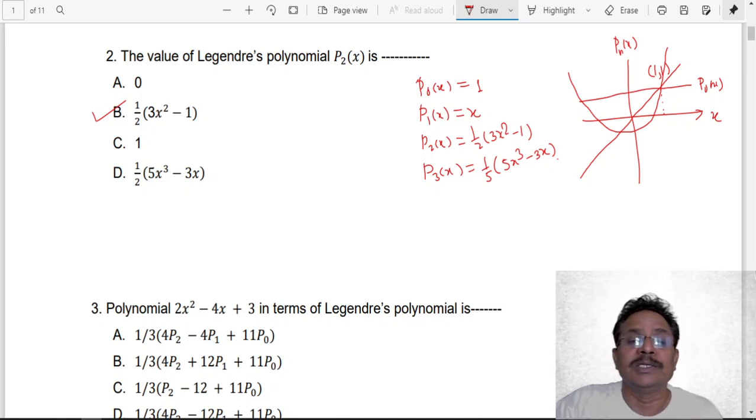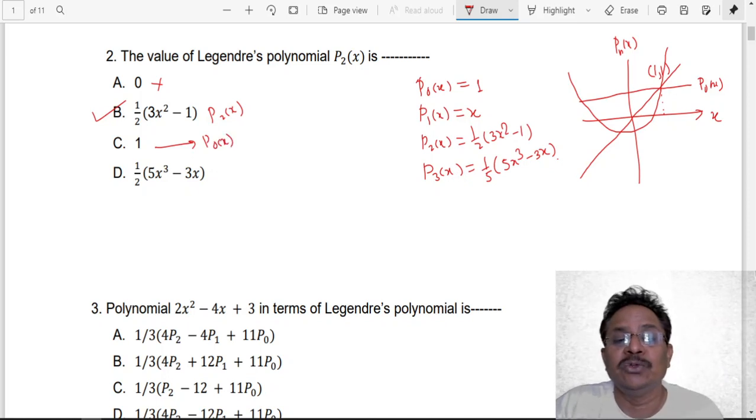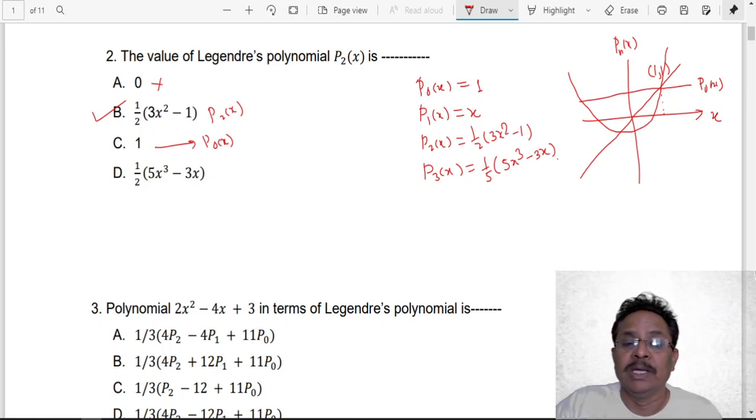So here, naturally this is not a polynomial at all. This is my P2 of x, as we have seen from this table. This one is nothing but P0 of x. So in an examination you may be asked P1x, P2x or P0x or anything, and based upon that we can go for this calculation, and this is nothing but P3 of x.